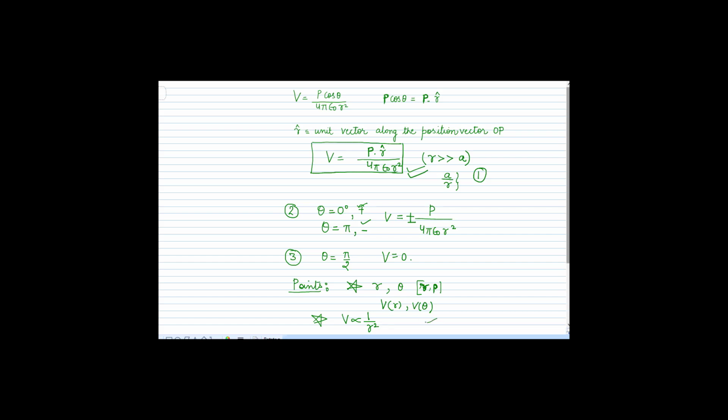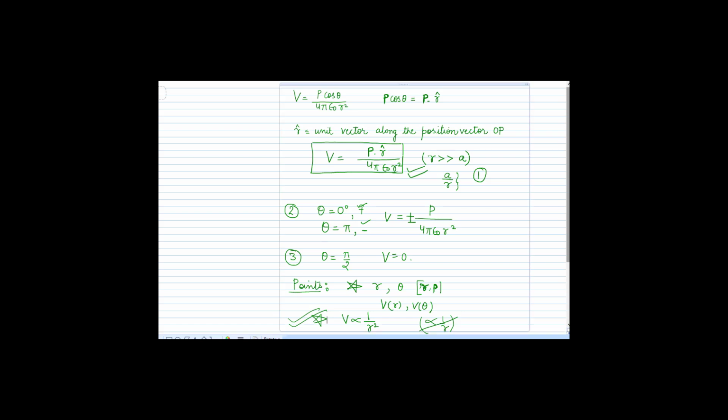It is not falling off as 1 upon r. If you have a single charge, then it falls off as 1 upon r, but in this case it falls off as 1 upon r square. So 1 upon r square is a characteristic of the electrostatic potential due to a dipole.